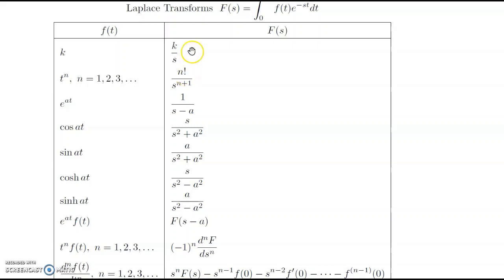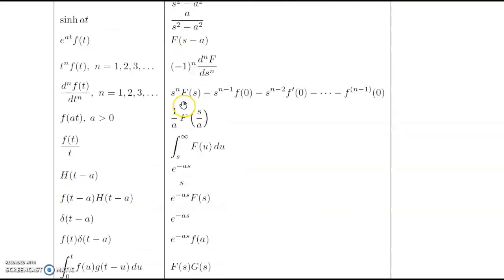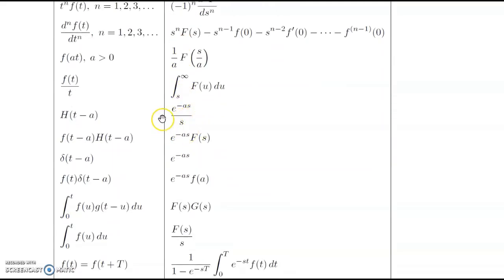From the top, you don't have the exponent multiplied by something until here. Starting from here, you have e^(-as)/s, e^(-as) times F(s), e^(-as) alone, and then e^(-as) times F(a).